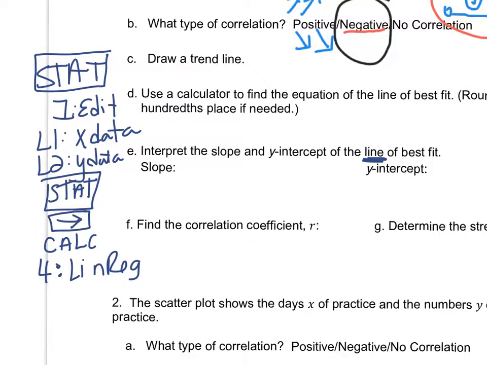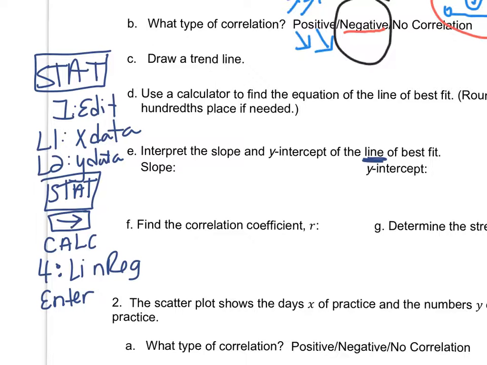Once you've pressed 4, you're going to press Enter all the way through the screen until you get to the word Calculate, and then you're going to press Enter again. And that's going to give you the information for your line.